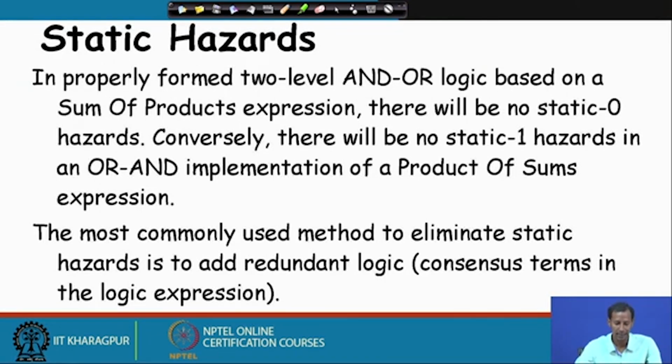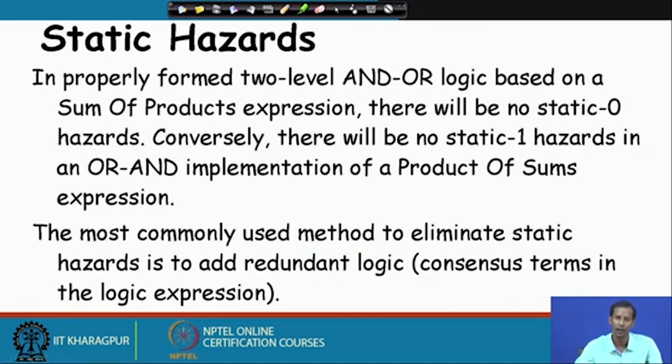Static hazards are mostly formed in two-level AND-OR logic based on a sum of products expression, and there will be no static 0 hazards. Conversely, there will be no static 1 hazards in an OR-AND implementation of a product of sums expression. The most commonly used method to eliminate a static hazard is to add redundant logic.